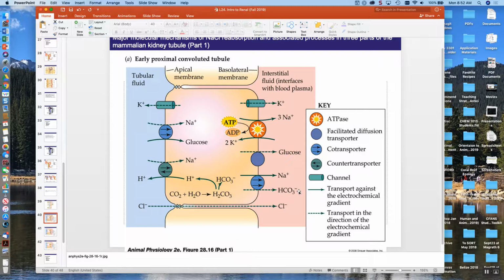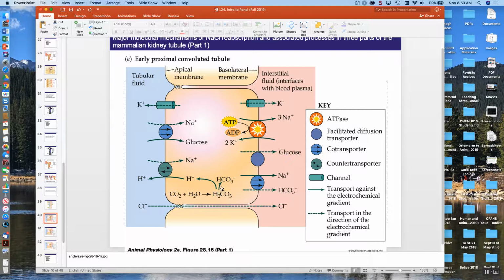That's really important. You're getting rid of that extra acid in your body. You produce an enormous amount of acid on a daily basis. This is one of the ways you get rid of that acid. Acid is secreted. It's transported across the apical membrane by the sodium proton exchanger.